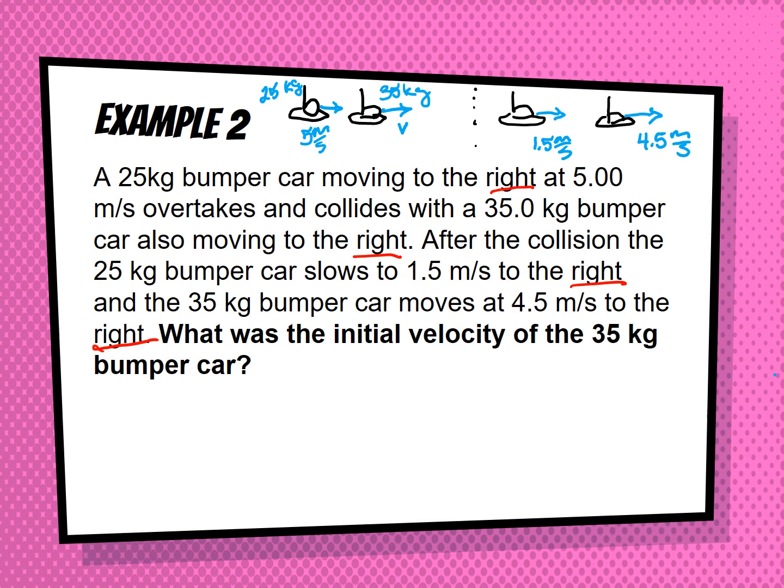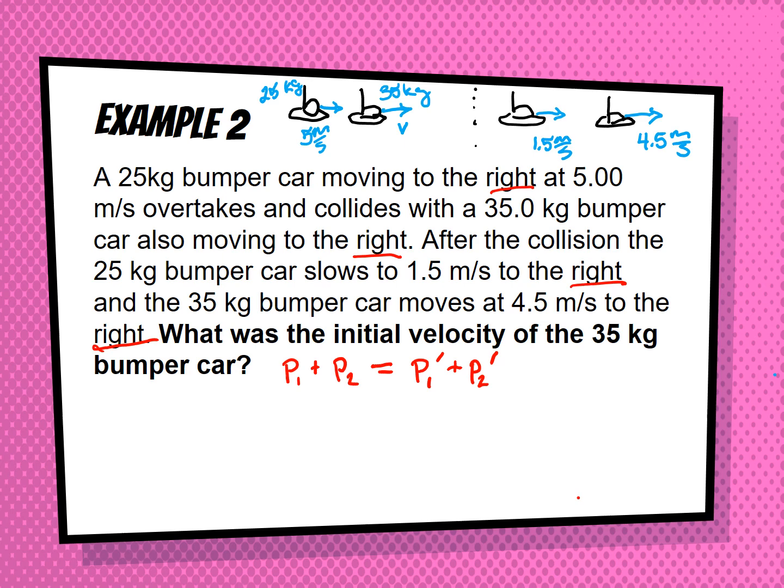Okay, so our equation should look something like this. Right? P1 plus P2 equals P1 prime plus P2 prime.